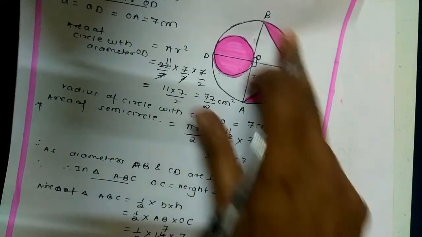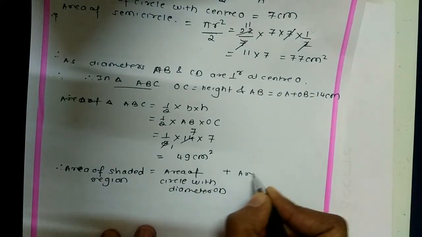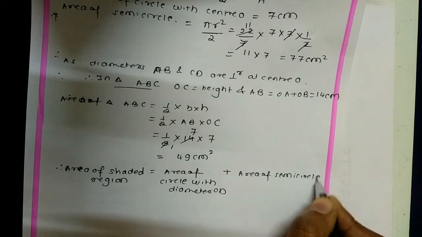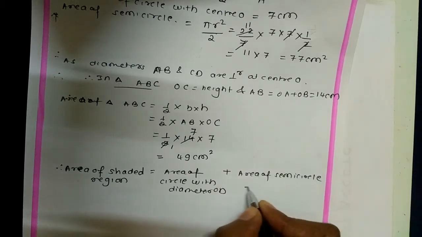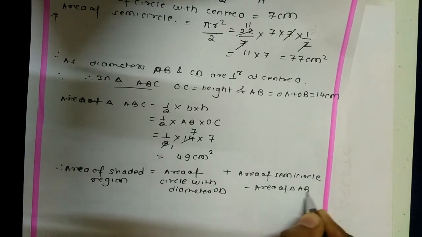We need the area of the semicircle because these are the two extra shaded portions, and minus this we have to do. So whatever answer you get for the area of the semicircle, we have to add it, semicircle minus area of triangle ABC.